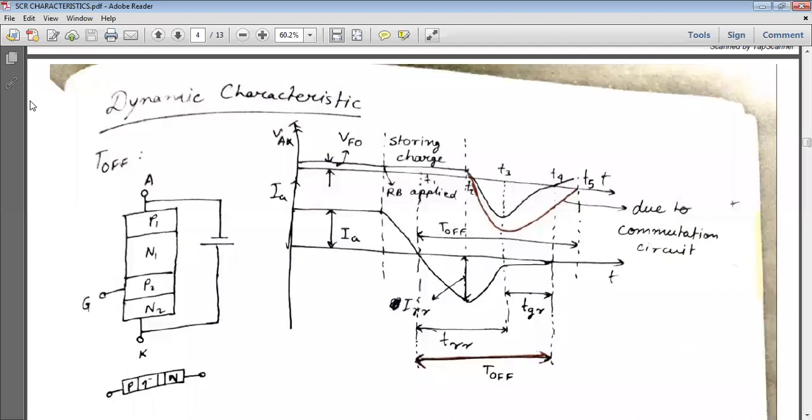When reverse bias is applied, it looks like two PN junction diodes connected back to back in reverse biased connection.